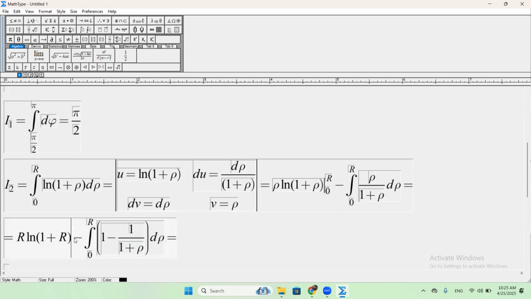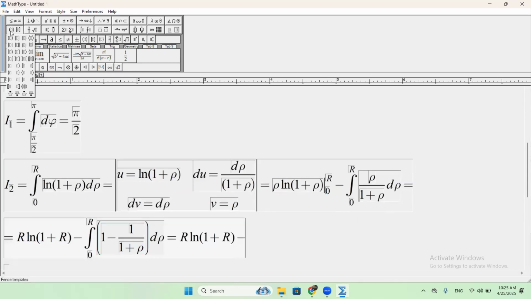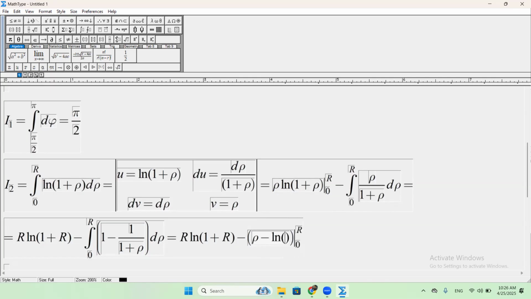So copying and pasting this part and minus the following antiderivative. So with the substitutions from 0 to r, rho minus logarithm of 1 plus rho.